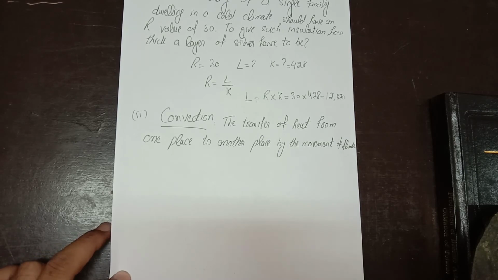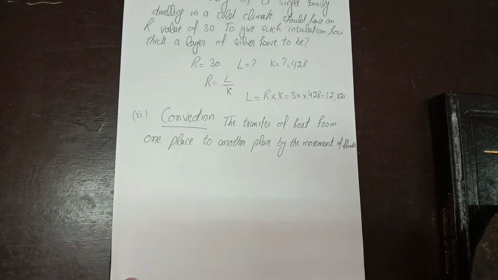So in this case, through buoyancy, these fluids rise and they carry heat energy with them. Such a mechanism is known as convection. Convection is part of many natural processes.